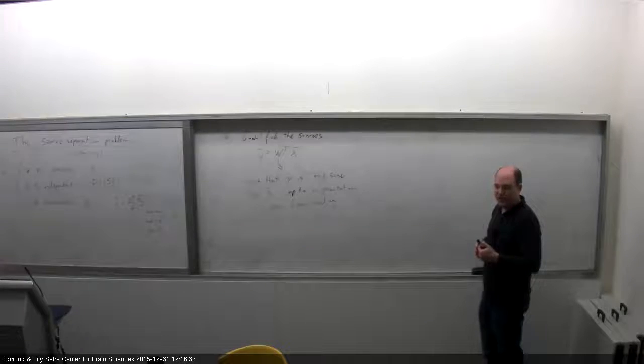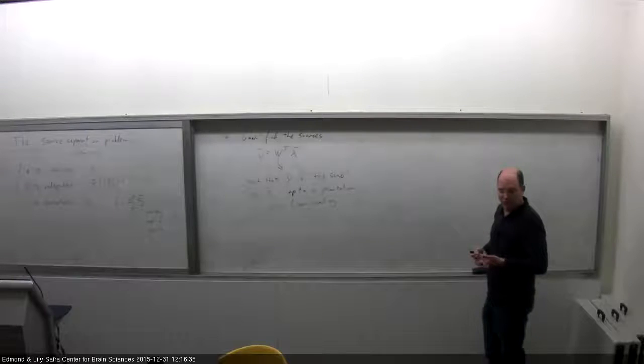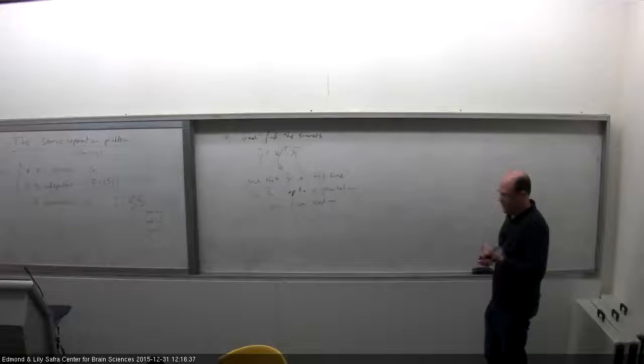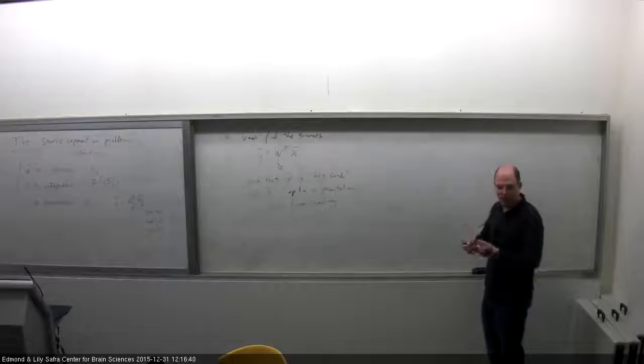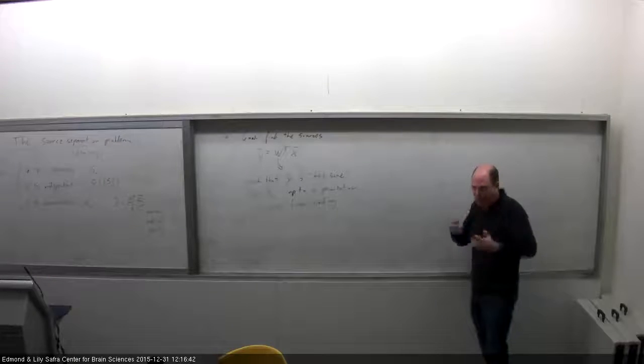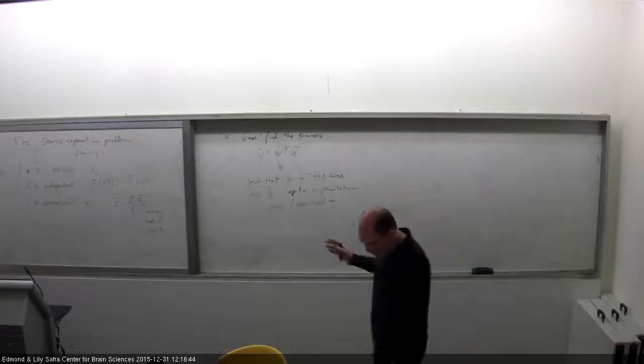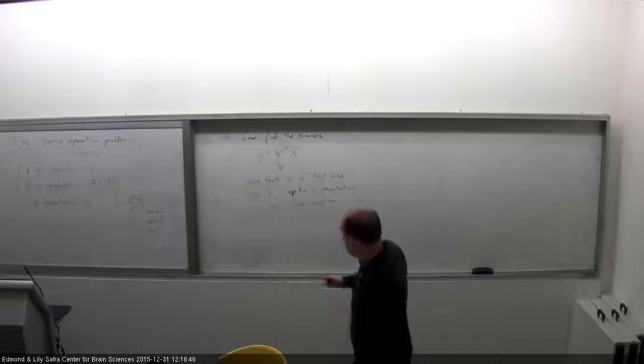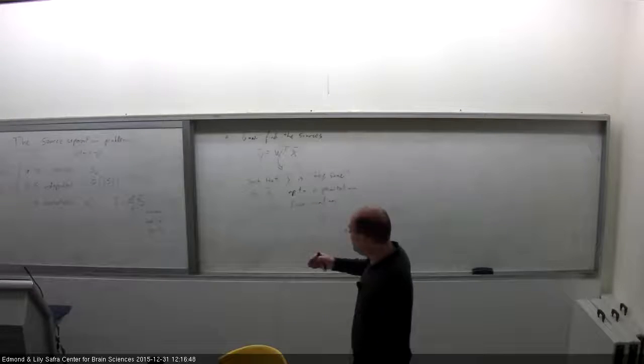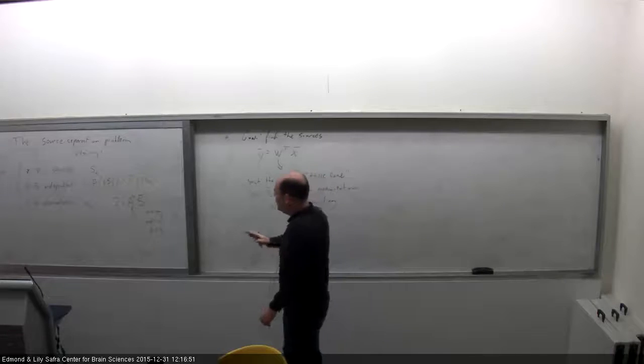Of course, visual scenes are not a linear sum over Gabor functions with independent coefficients, but it is an approximation. So maybe I will get back to that topic a bit later, because now I just want to analyze this problem.